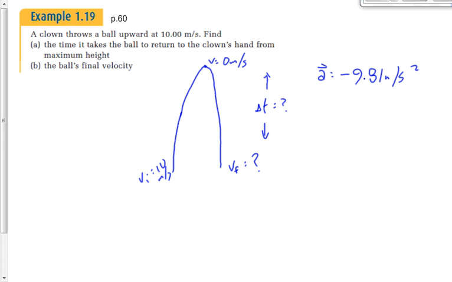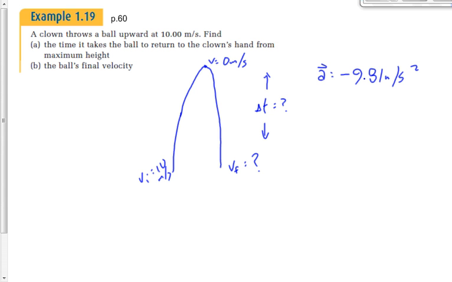If you can get something, it doesn't matter if it's what you're looking for, because it's probably going to be helpful to you. Is there a way to find one of these directly, though? So what are you solving for there? Okay, but we don't know what the displacement is, right? But you could get the displacement up and then the displacement down.